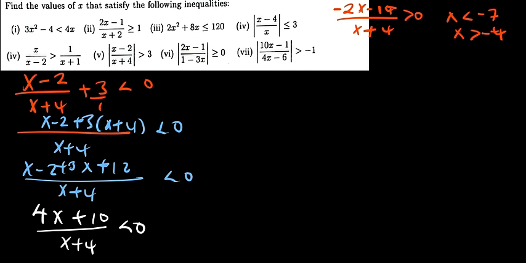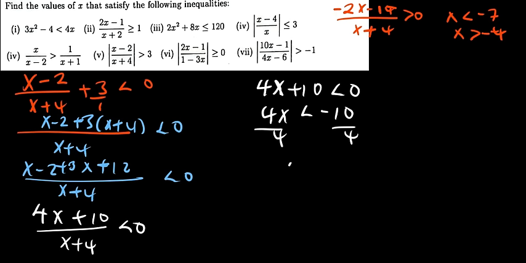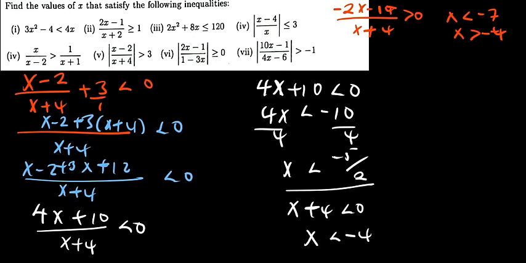So it's going to be 4x plus 10 less than 0. Shift 10 to the other side: 4x less than negative 10. I divide by 4, and x will be less than negative 5 over 2. The other one is going to be the same thing: x plus 4 less than 0, so x will be less than negative 4.